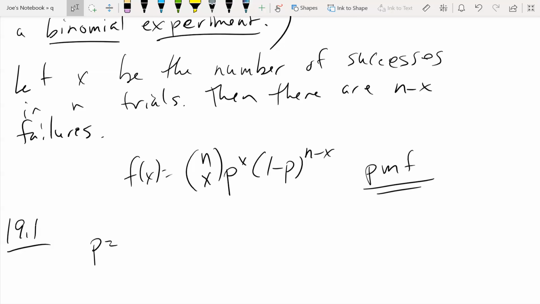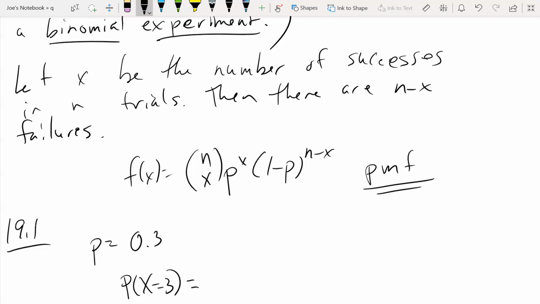That's why I said you have to be a little bit careful with the language, right? What's constituting a success here is failing to meet standards. So what is our P then? It's the 0.3, right? Because it says 30% fail to meet standards. So if we want the probability that x is equal to 3, exactly 3 failed to meet standard.